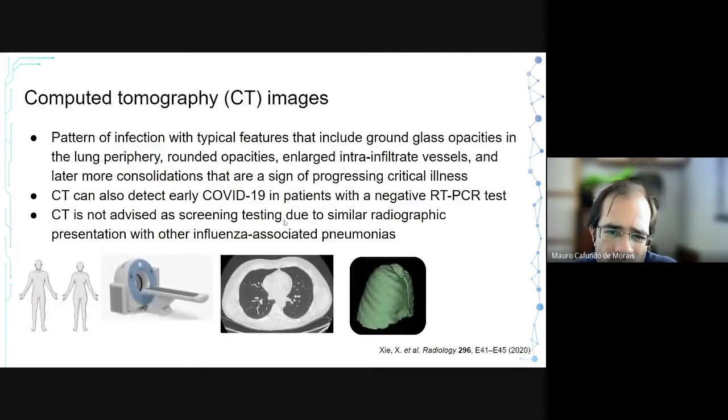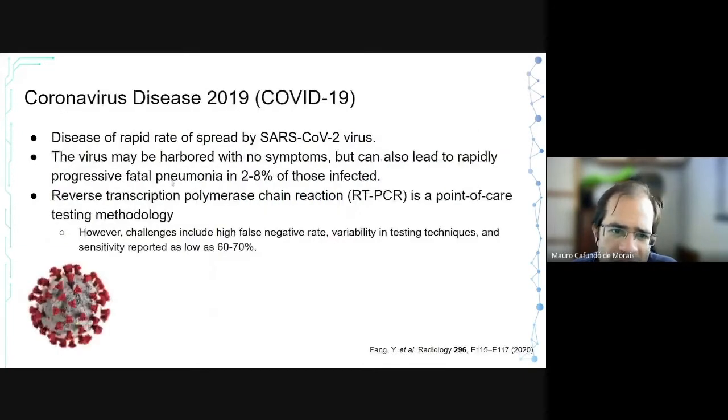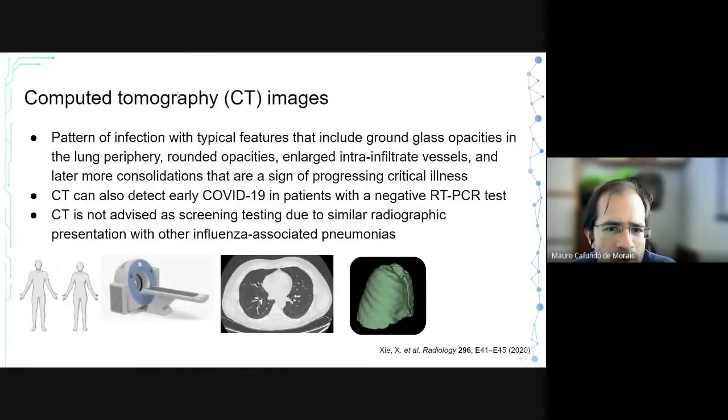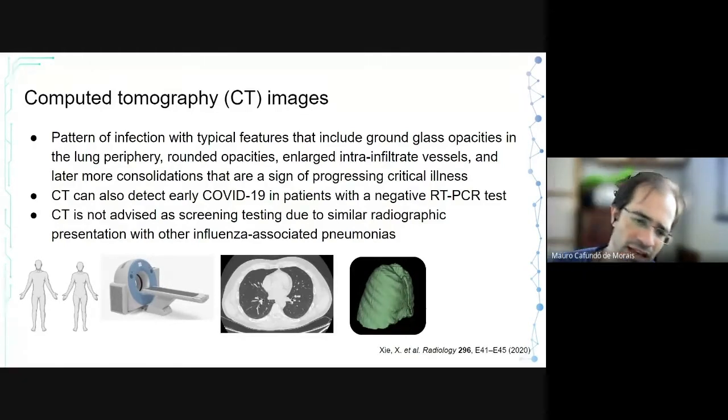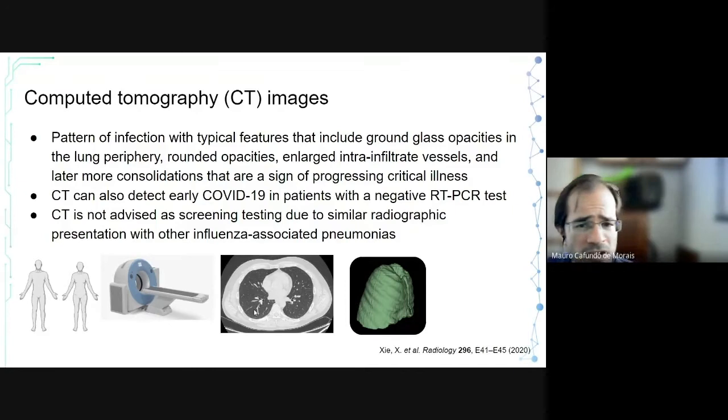Since this disease is a lung disease, of course computed tomography, as an imaging modality, can provide more information for the physician in order to improve the diagnostics. But still there are some caveats.